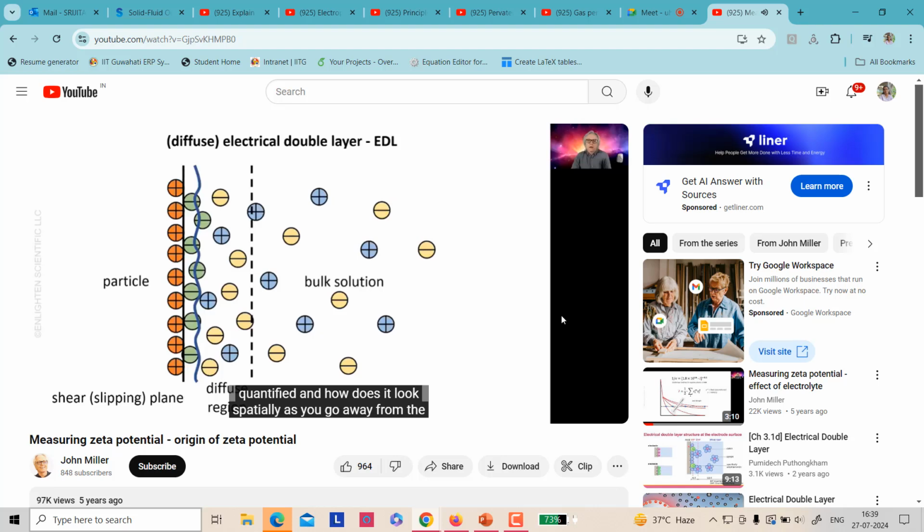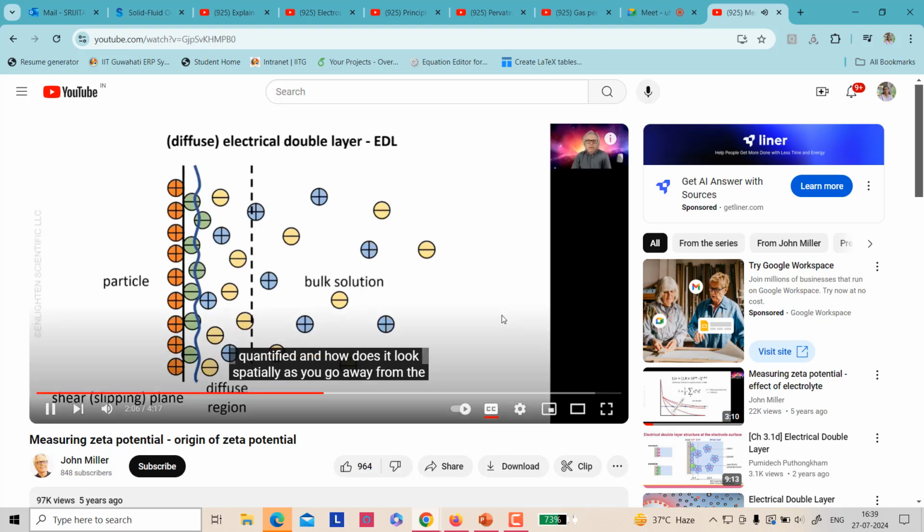And how does it look spatially? As I have said, there is a particle. I have shown the particle as negatively charged, but here they are showing the opposite one. The positively charged particles are there in the particle layer. So obviously the negatively charged particles will be attracted first, and they will create the rigid layer, called the Stern layer, and there will be another layer which is the shear plane, where if we calculate the potential, that is called the zeta potential, which is a movable layer.